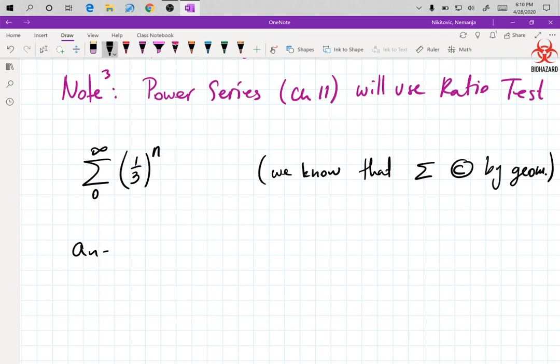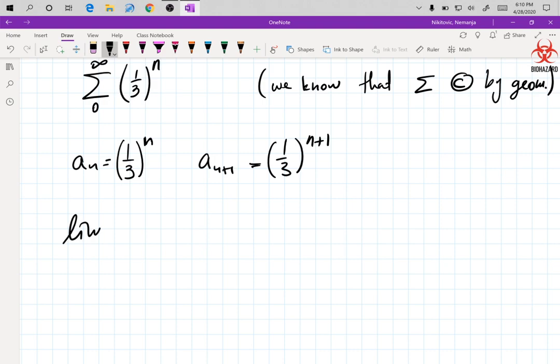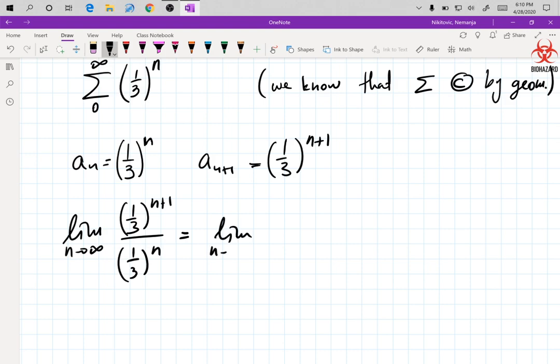See, your an is 1 over 3 to the n. Your an plus 1 is 1 over 3 to the n plus 1. So your limit, when n goes to infinity, of 1/3 to the n plus 1 divided by 1/3 to the n is actually, when you use algebra to peel off 1/3, I forgot these absolute values.